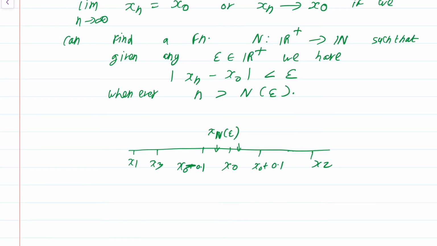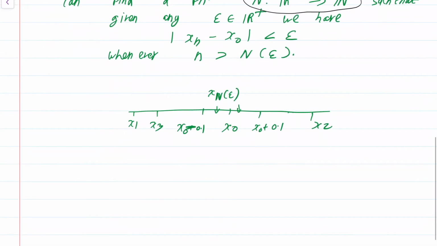Okay. Now let me just make a remark. I have said that we should be able to find a function N from R plus to the natural numbers. The textbook definition states this slightly differently. The preliminaries are the same. So you have a sequence xn.